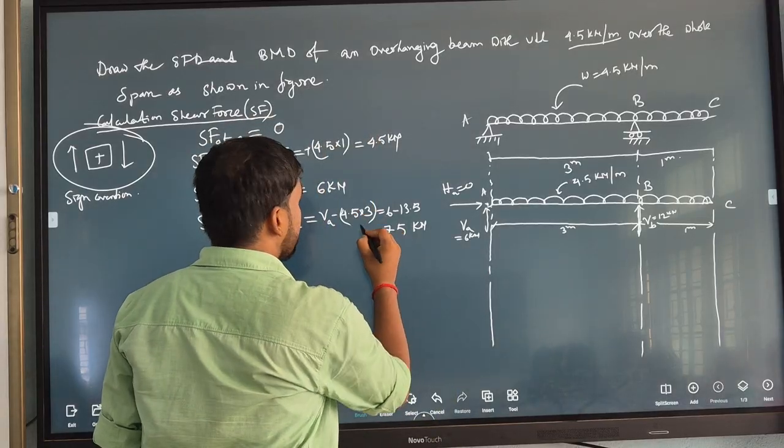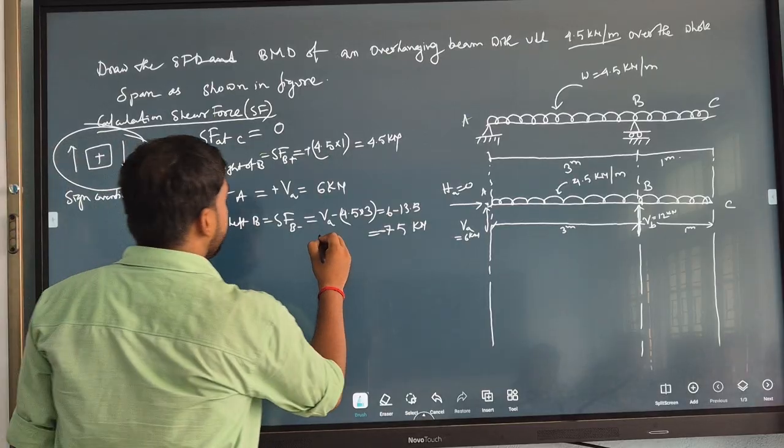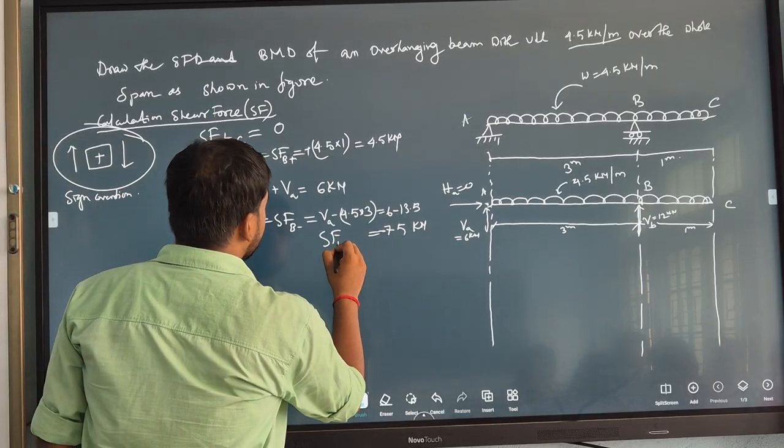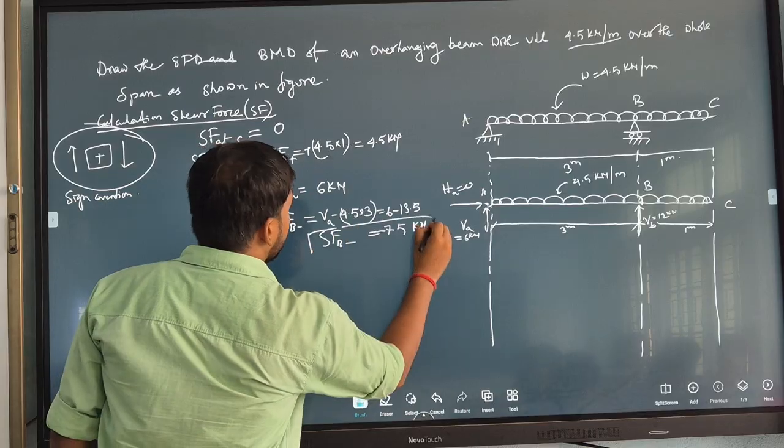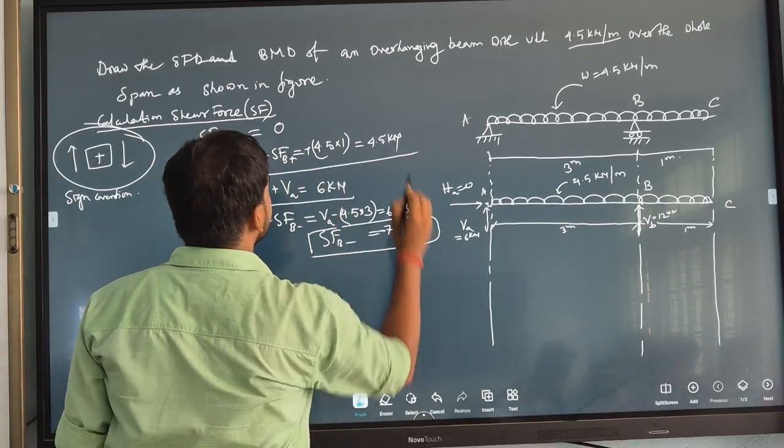So SF B minus is minus 7.5, and at A it is 6, and B plus is 4.5.